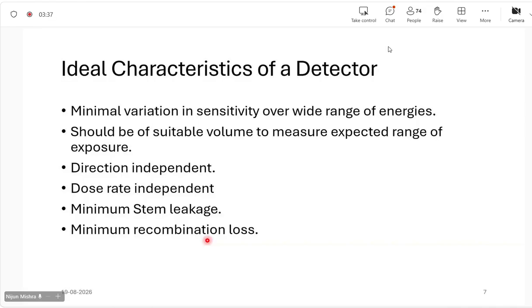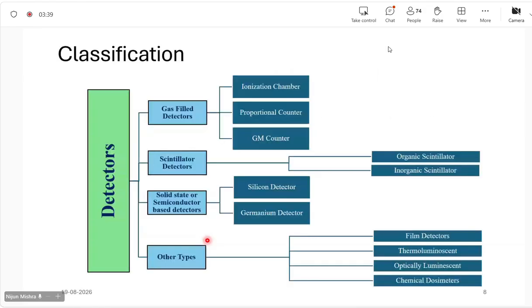Coming to the classification, detectors are classified mainly into four categories. First is the gas filled type detector, then the scintillation detector, then the solid state or semiconductor based detector, then some other types of detector. Gas filled detectors are again classified into three main types: ionization chamber, proportional counter, and GM counter. Scintillation detectors are mainly of two types: organic scintillator and inorganic scintillator.